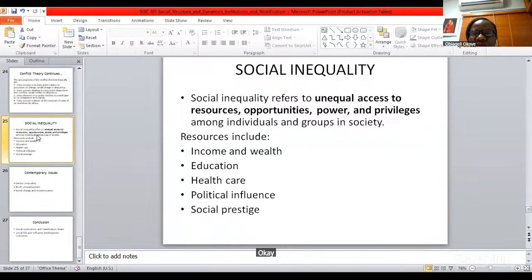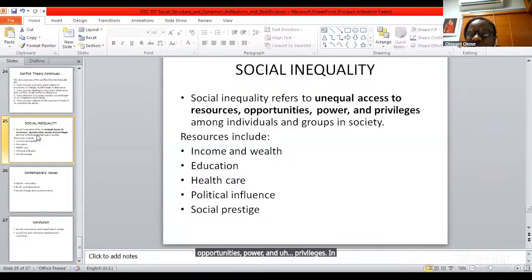For example, in the caste system, it has created inequality. The Brahmins are not the same as the untouchables. They have unequal access to resources, opportunities, power, and privileges.